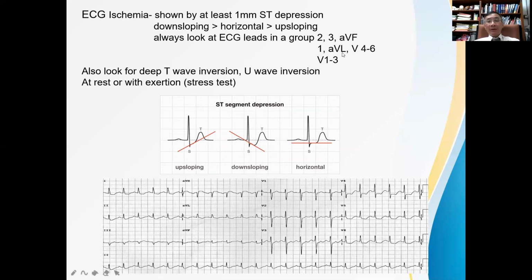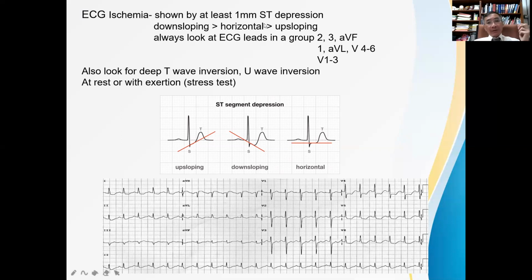Leads 1, AVL, V4 to 6 look at the side of the heart, the lateral part of the heart, and leads V1 to 3 look at the front of the heart, the anteroseptal part of the heart. So whenever you're reading an ECG, remember to look at groups of leads together. You do not look at any one lead, but you look at groups of leads together to try and form a conclusion whether the heart is abnormal.